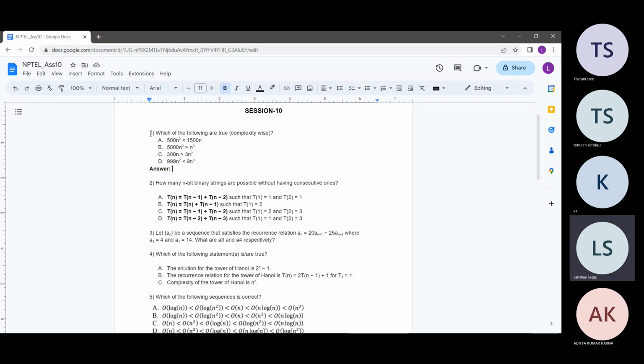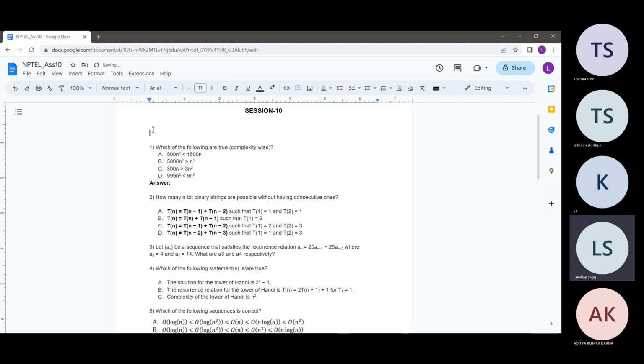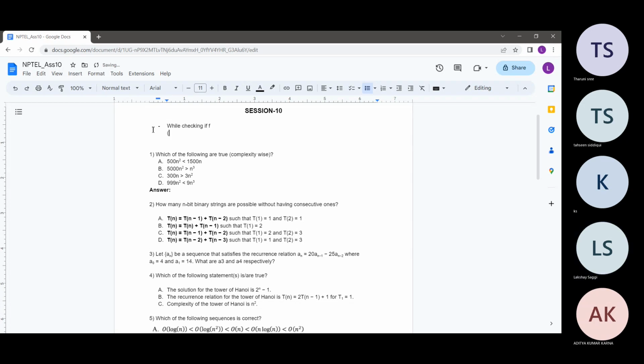just to remind you guys about the definitions, maybe. While checking if Fn has higher, okay, sorry for this.